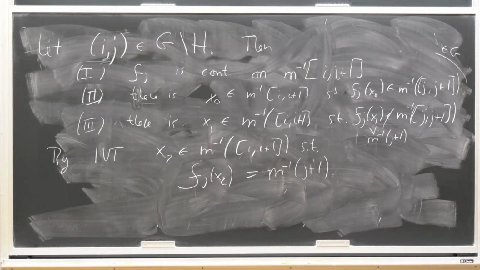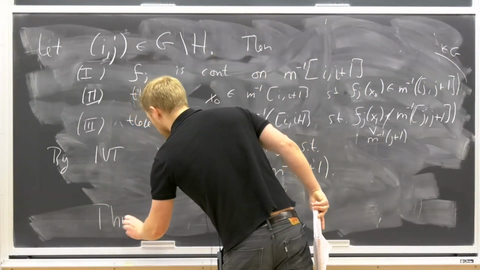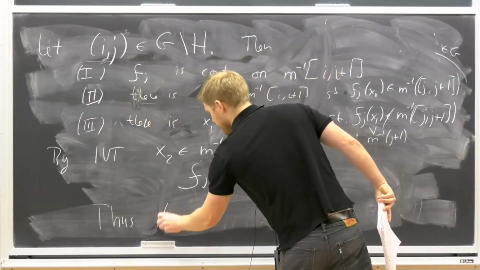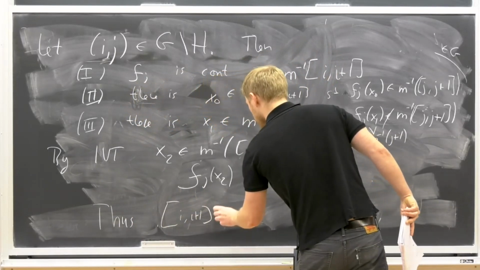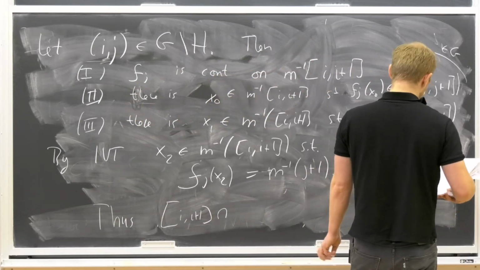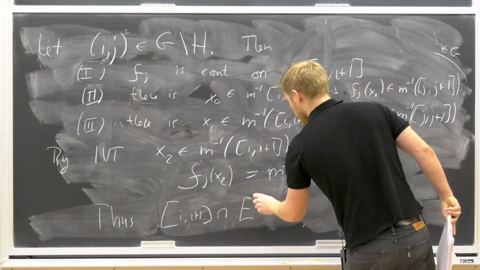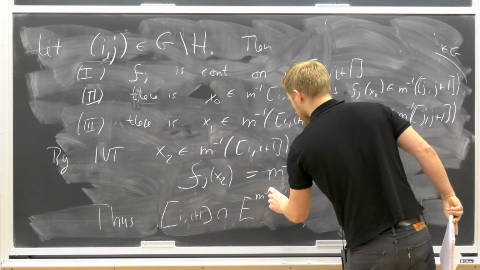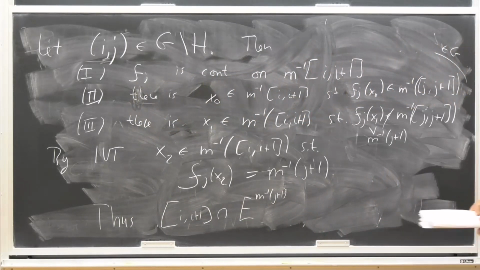And thus this box, the box I, I plus 1, intersects the fiber coming from j plus 1. It's not empty.